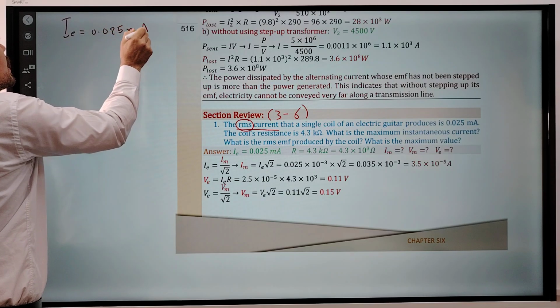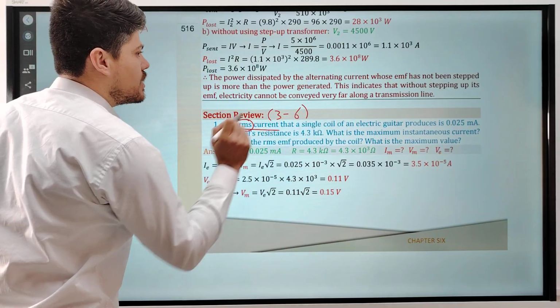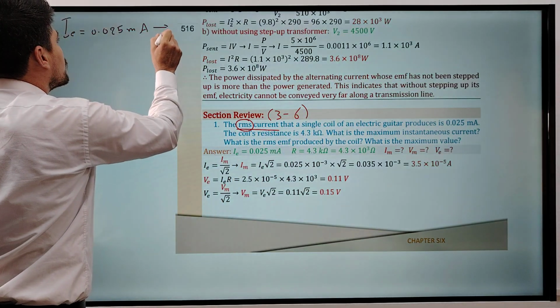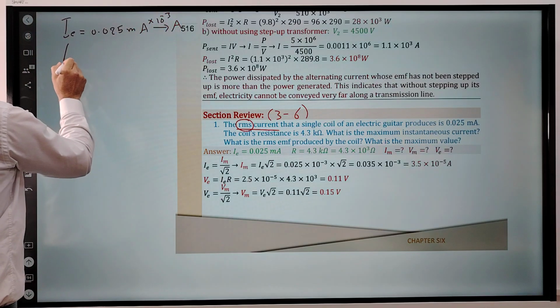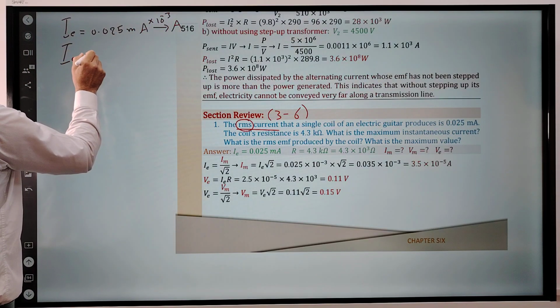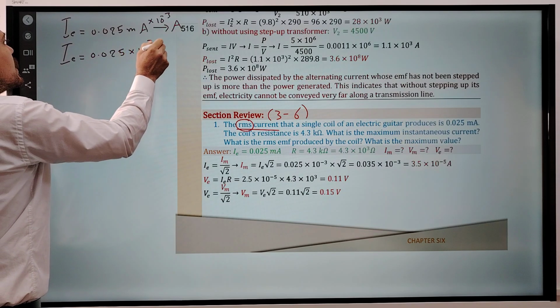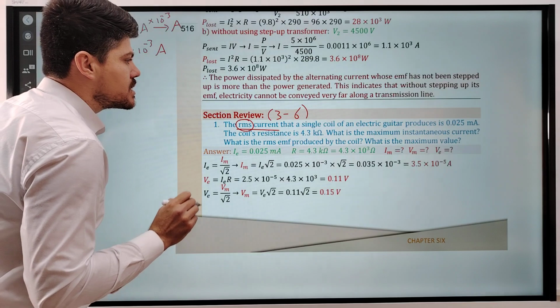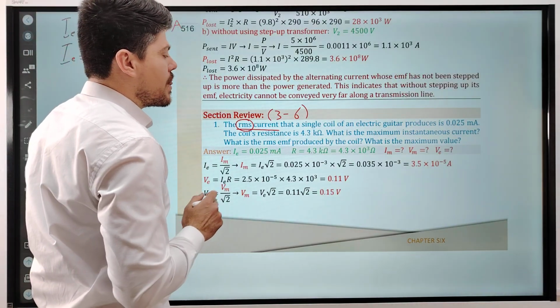The effective current is given in milliampere, so we have to convert to ampere by multiplying by 10 power negative 3. I effective is equal to 0.025 times 10 power negative 3 ampere.